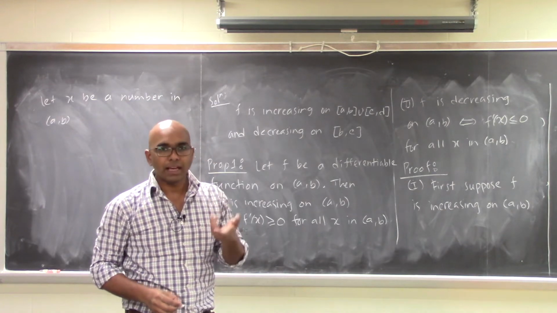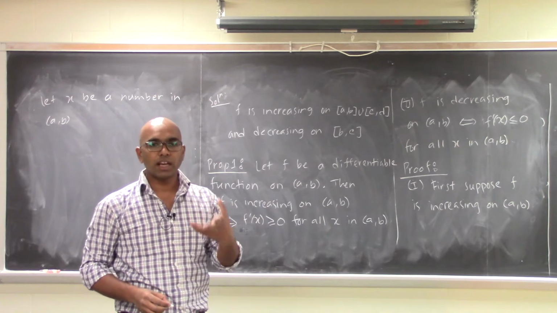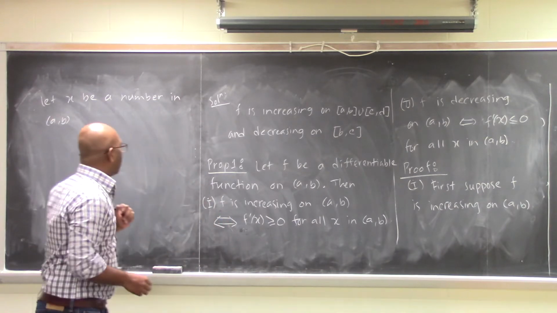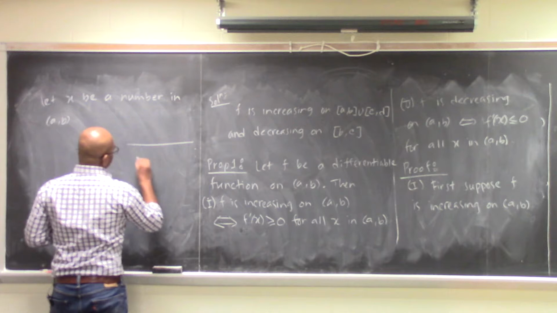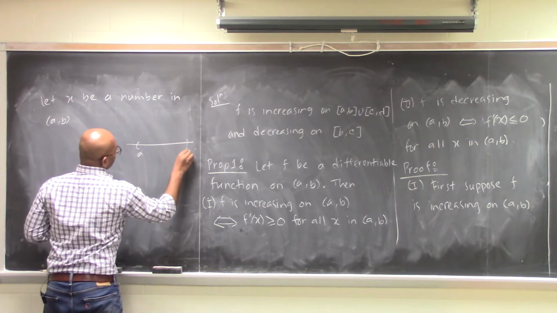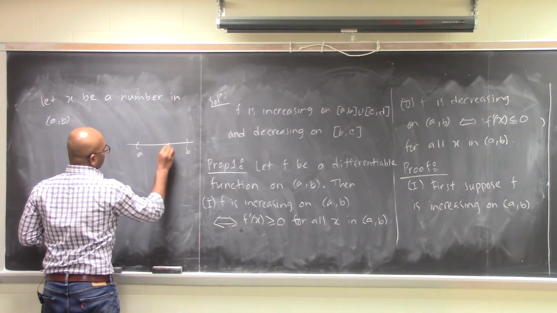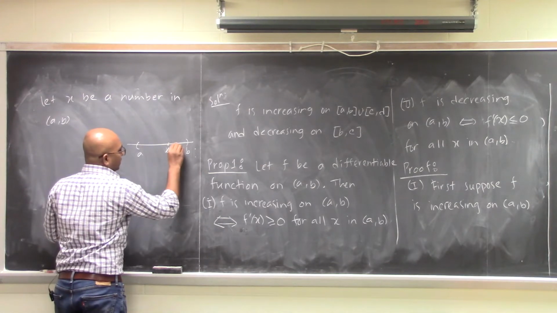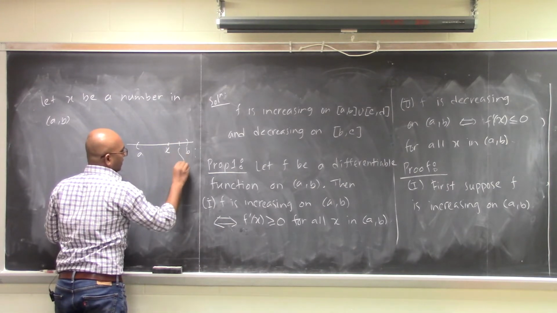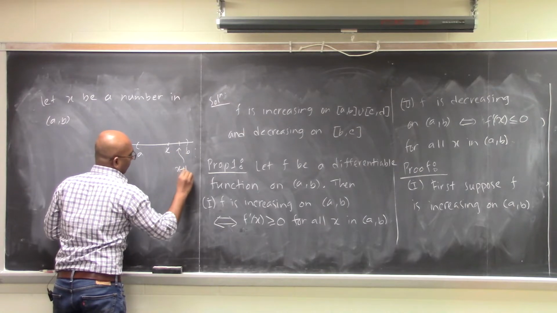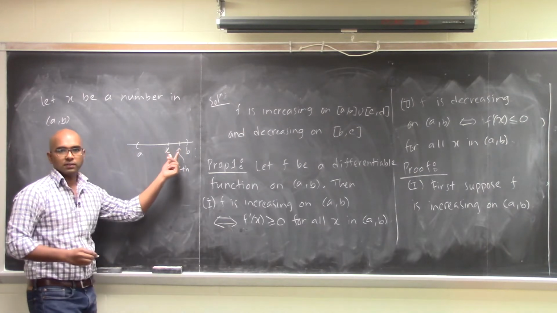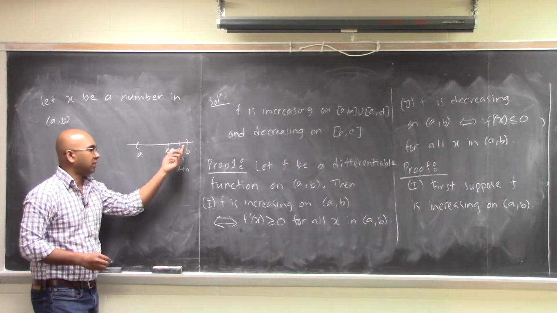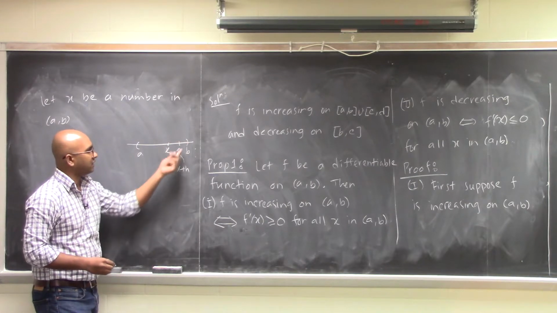So we need some h so that we can calculate f of x plus h minus f of x over h, right? So we need to have some h. Now notice this is my interval a to b, and let's say this is x. Okay, now I will take some value of h so that x plus h is inside this interval. Since h is approaching 0, we can make it as small as we want, so that x plus h is still in that interval.